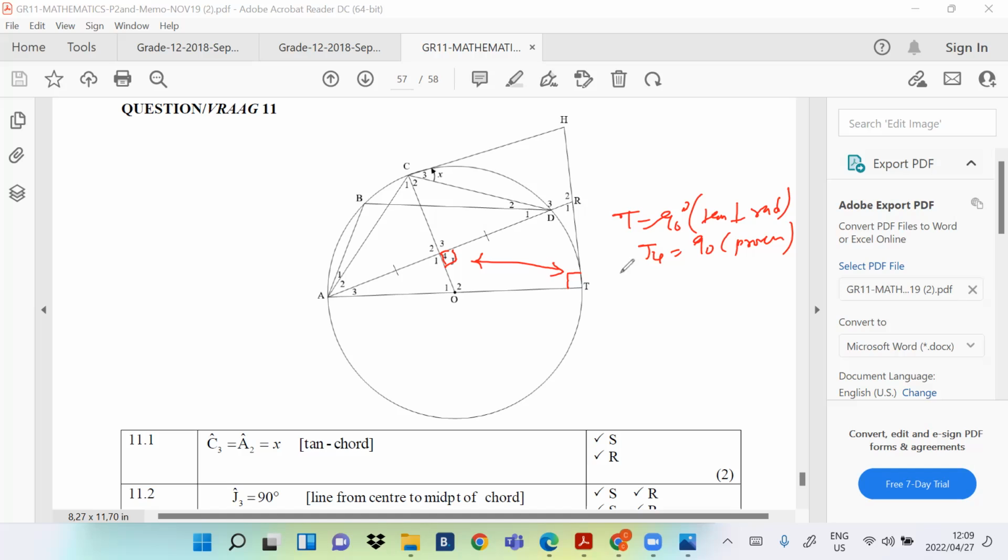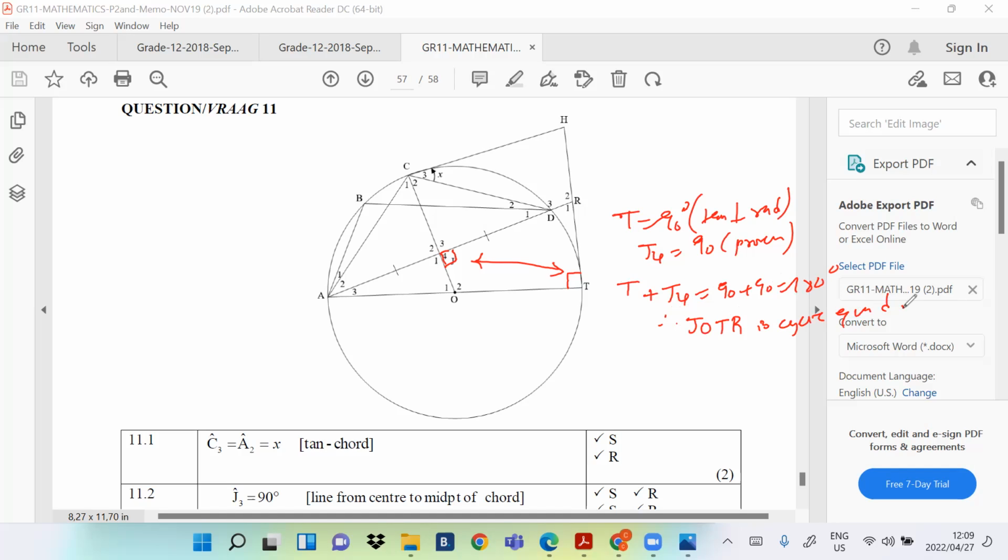Then if these opposite angles are 90, 90 plus 90, they add up to 180. Can you see, therefore, that means TJOTR is a cyclic quad, right?